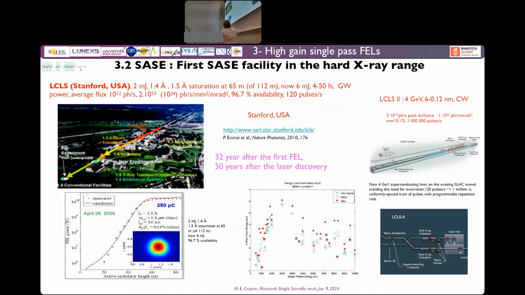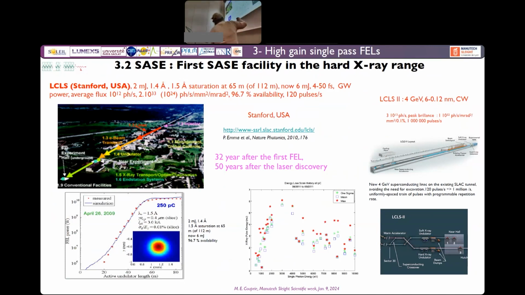They worked a lot on the pre-injector part, and it took only 4 days to achieve the FEL when they started to send the beam to the undulator. This was really a spectacular result. It is the first tunable X-ray FEL, 30 years after the first FEL and 50 years after the laser discovery.